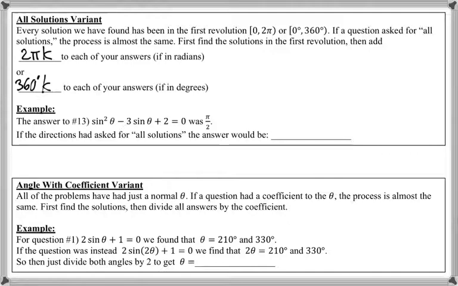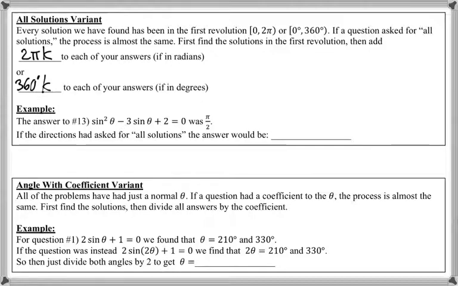So if you want to add a revolution, k would be 1. If you want to add 2 revolutions, k would be 2. If you want to go in the negative direction, k can be negative, and you can subtract revolutions. But this would really account for all coterminal angles for those angles in the first revolution.